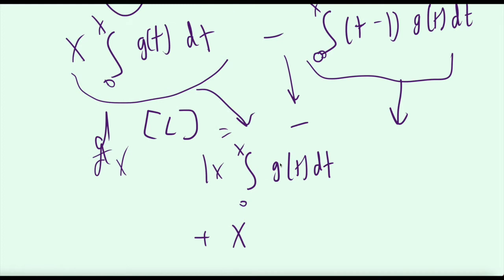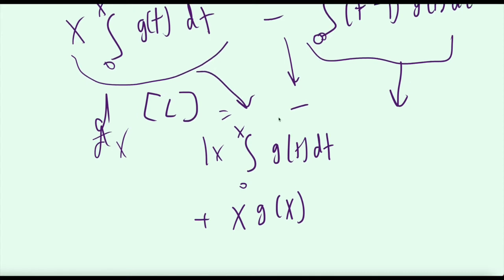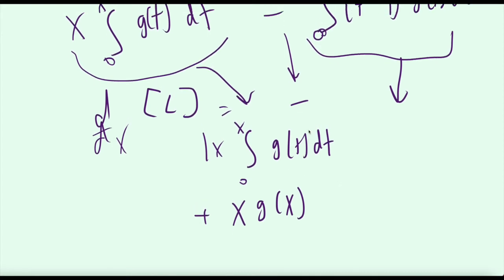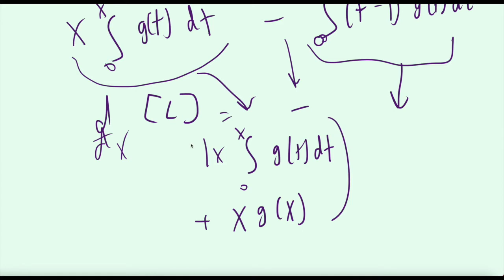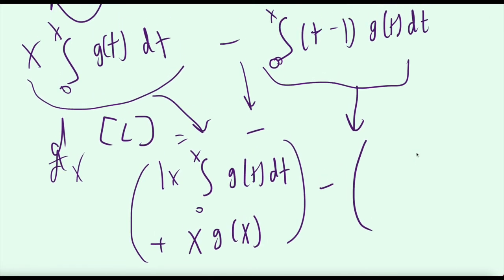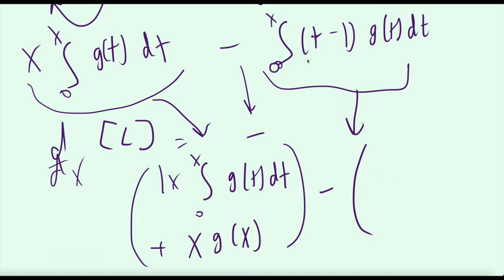So that is basically g(x), and as it is only x in the numerator, we can keep it like that. I'll explain the other case in a while. So minus the right part. The derivative of this is directly the integrand with x instead of t, so that gives x minus 1 times g(x).